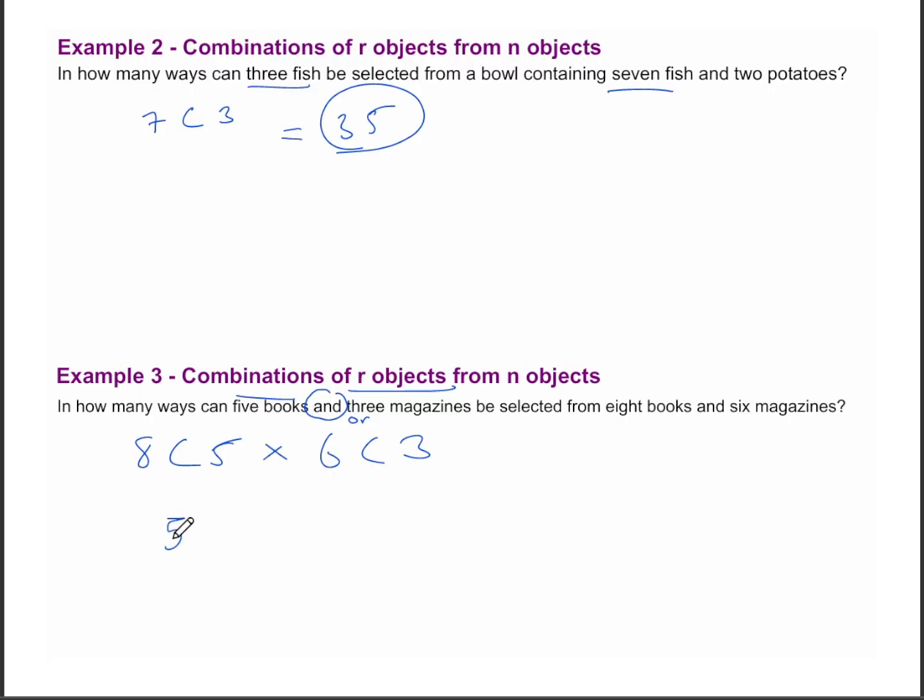Therefore, 8C5, which is 56, multiplied by 6C3, which is 20, will give us 1120. So there are a total of 1120 selections that we can have if we're selecting 5 books and 3 magazines from a total of 8 books and 6 magazines. Because we are choosing them at the same time, that's why we multiply instead of add.